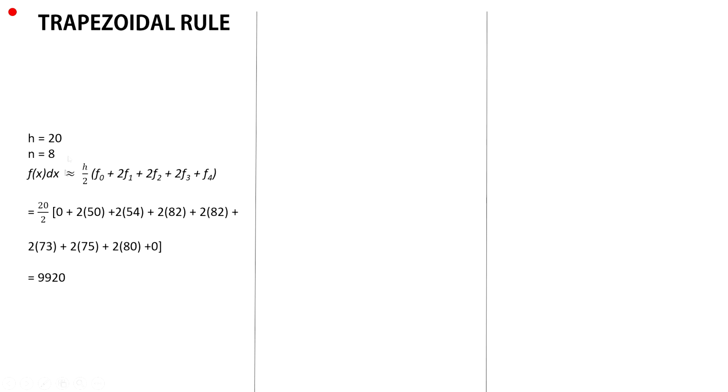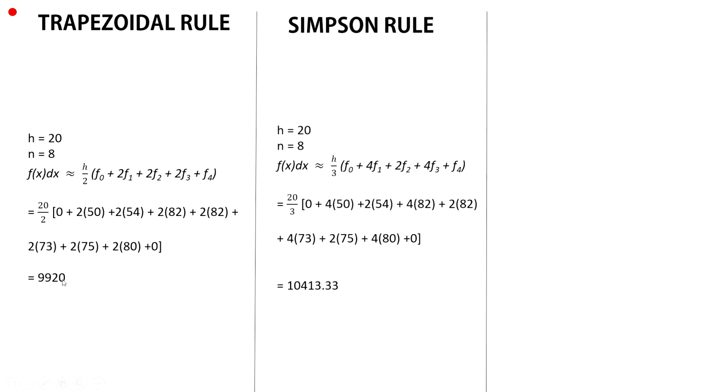We put in the value of h and 2, and the number of sub-intervals is counted from the table, so we get the area of 9,920 feet square.